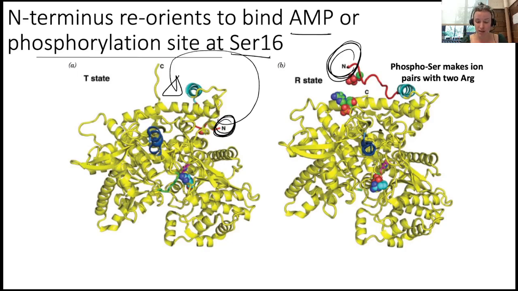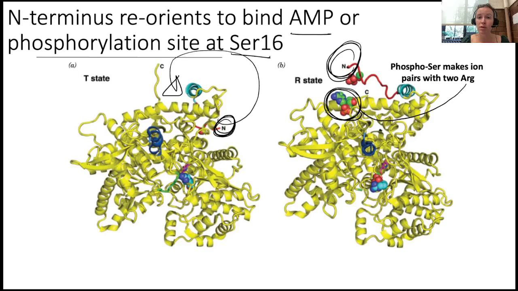This is because there is an arginine residue that can bind to that phosphorylated serine. Recall, the phosphate has a negative charge. Arginine is positively charged. So something as simple as a single phosphorylation event will cause the tertiary structure to change in such a way that the N-terminus completely shifts where it's located.